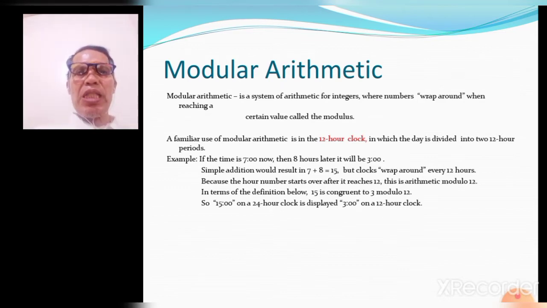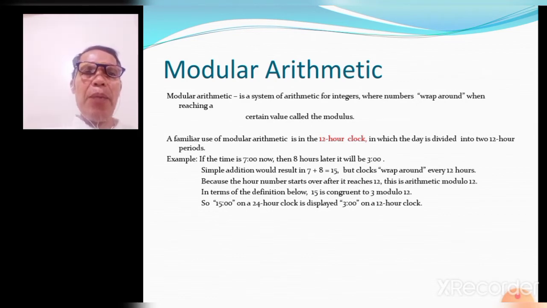Okay, a familiar use of modular arithmetic is in the 12-hour clock, in which the day is divided into two 12-hour periods. Example, if the time is 7 o'clock now, then 8 hours later, it will be 3 o'clock. Simple addition would result in 7 plus 8 equals 15.